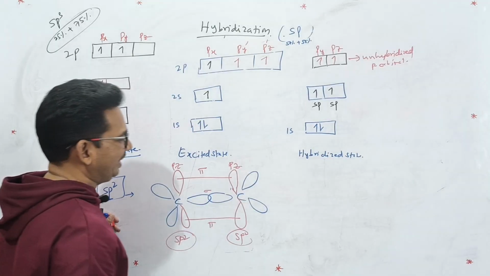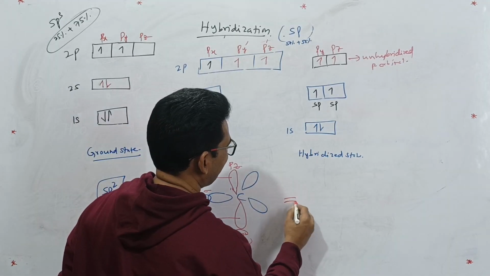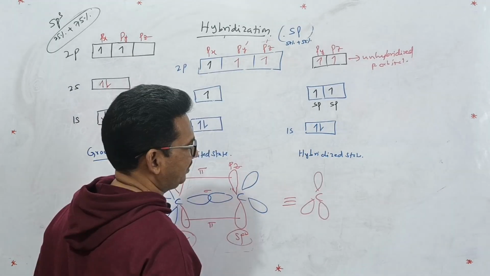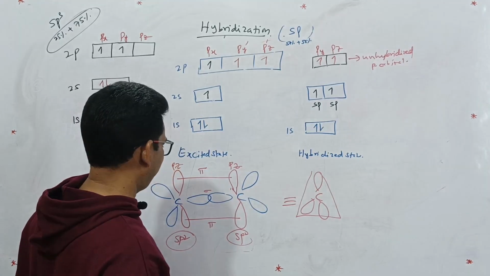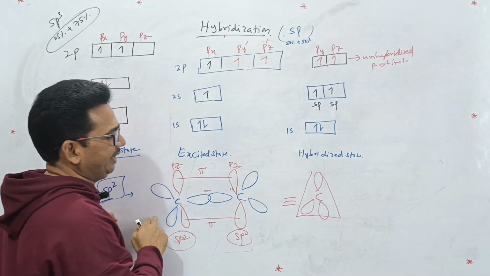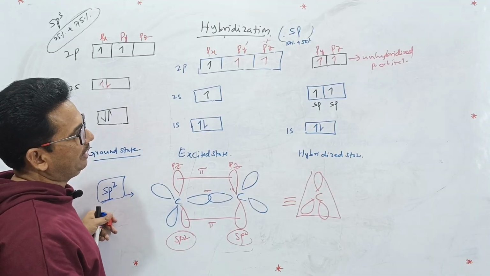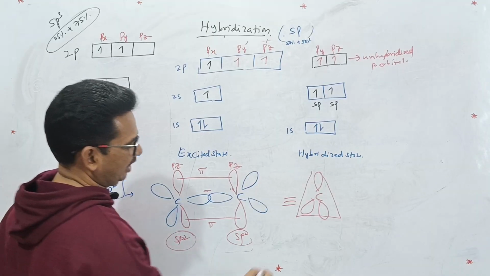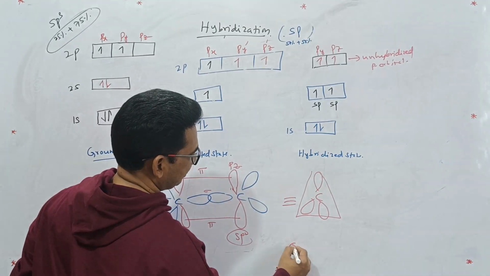What shape is it going to get? It is going to get the trigonal shape. This shape, trigonal shape. But in case of sp3, tetragonal. How will it be?